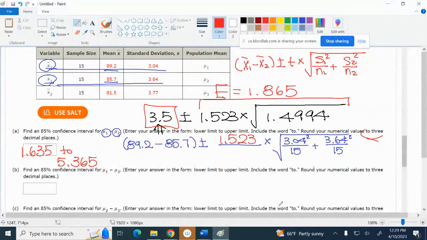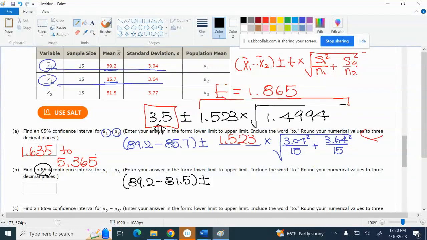Do you have an idea? Yes. Can you do part D? Okay, I will later. Let me set up, not give you the answer, but let me set up part B, 1 and 3. 89.2 minus 81.5. I expect 85% and 14 again.